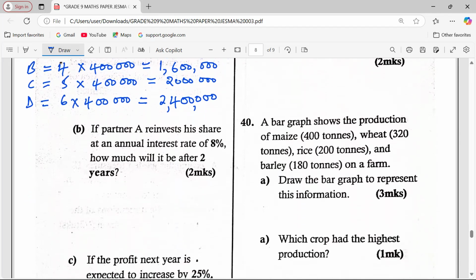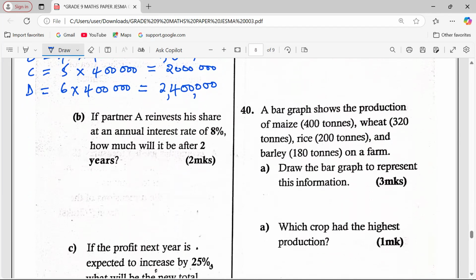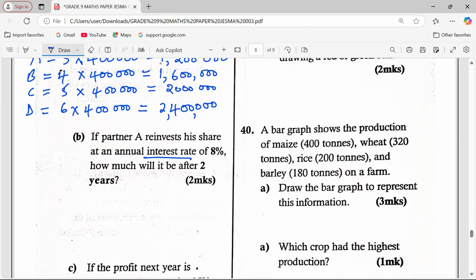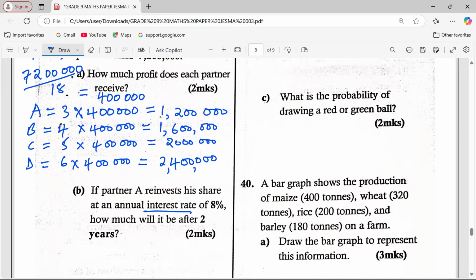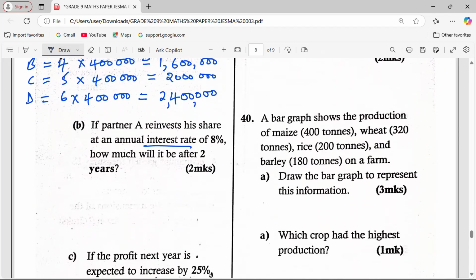Part B, if partner A reinvests his share in an annual interest rate of 8%, how much will it be after 2 years? Now, assuming that it was simple interest at a rate of 8, then partner A, who received 1.2 million, will get interest.